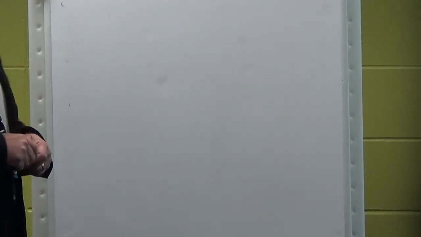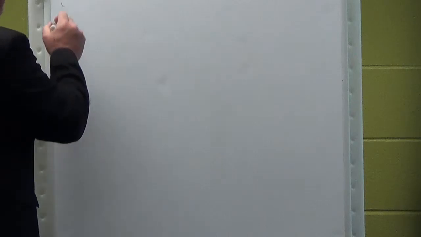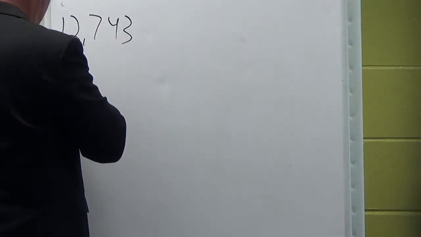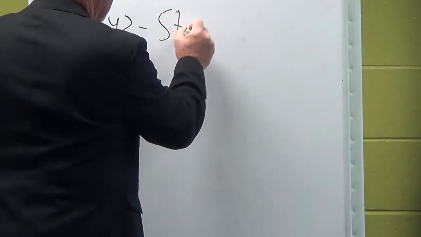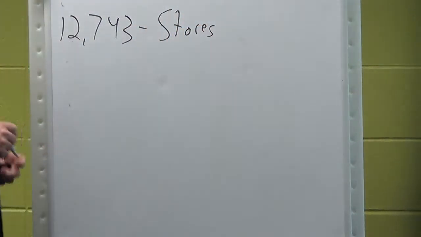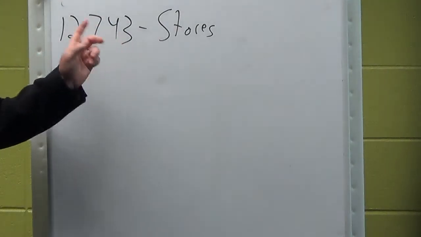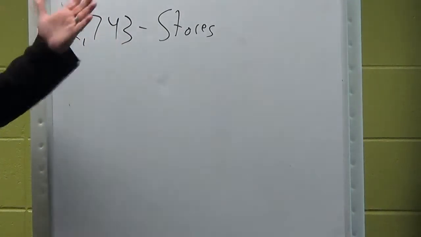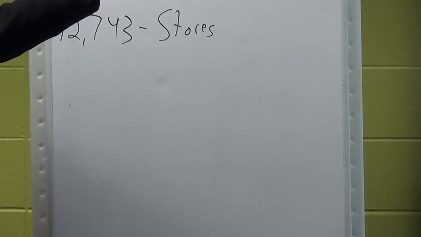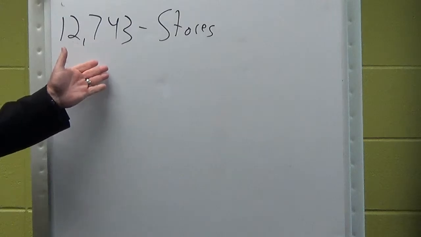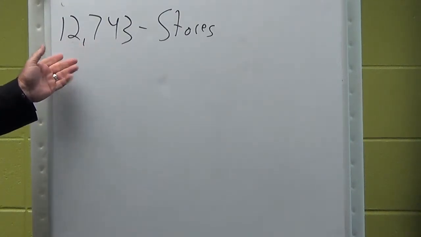So there are currently 12,743 stores. Now, what does that mean to me? I have 12,743 different stores. What's the first thing I need to equate this to? Okay, everybody get that? Networks.